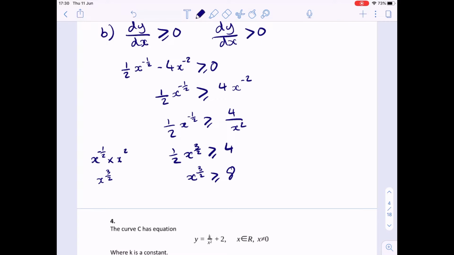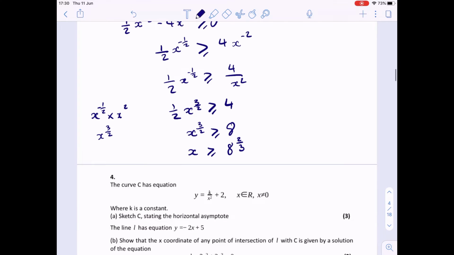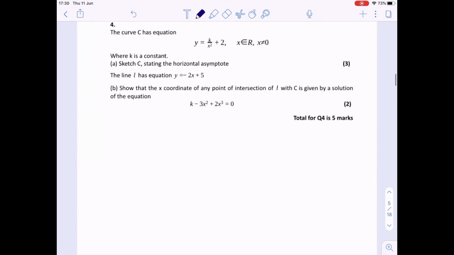Okay, so x is going to be greater than or equal to 8 to the power of 2/3. So x, and would normally carry on writing down in a column, but on this one occasion I'm going to write my answer here. x is greater than or equal to 4. The cube root of 8 is 2, and then square it to give you 4.